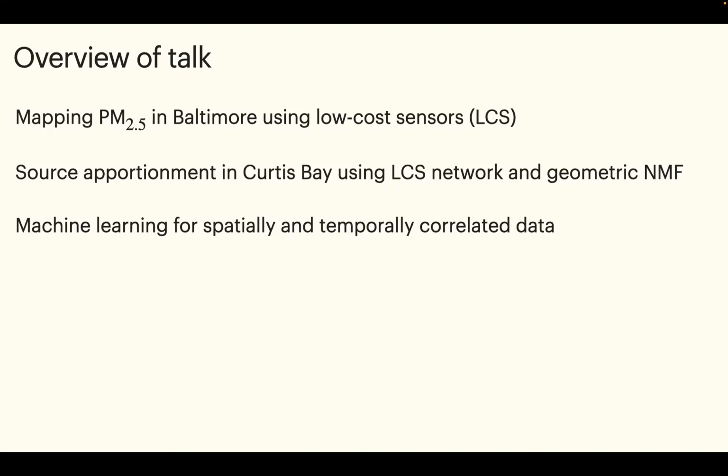We'll talk about how to understand sources of air pollution in Curtis Bay. And then, time permitting, I'll briefly talk about some more foundational work on machine learning for spatially and temporally correlated data.